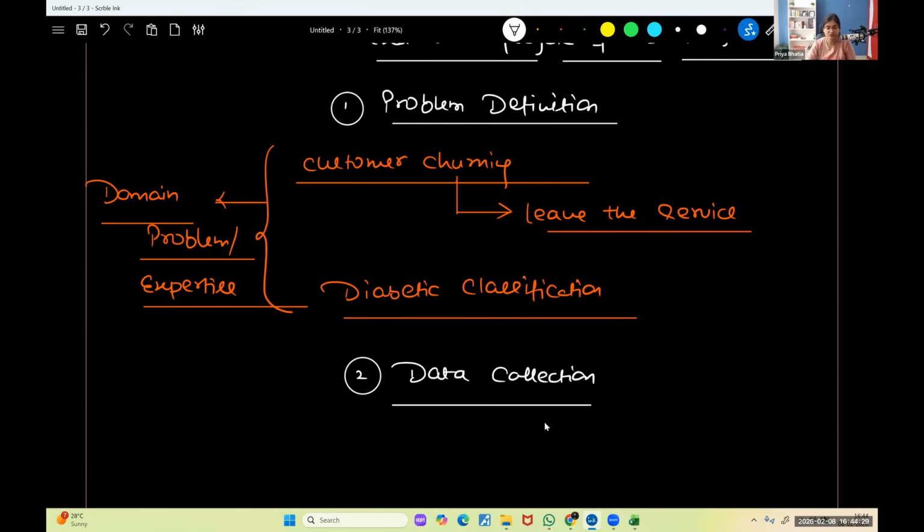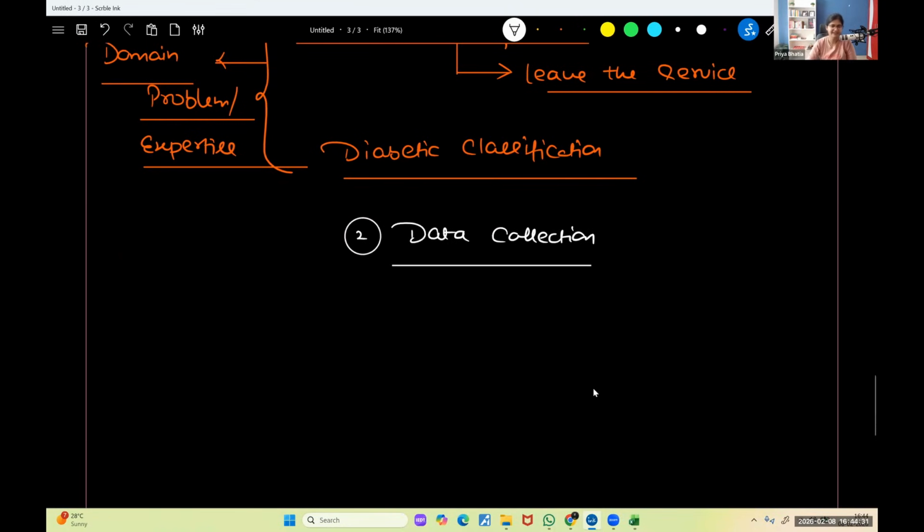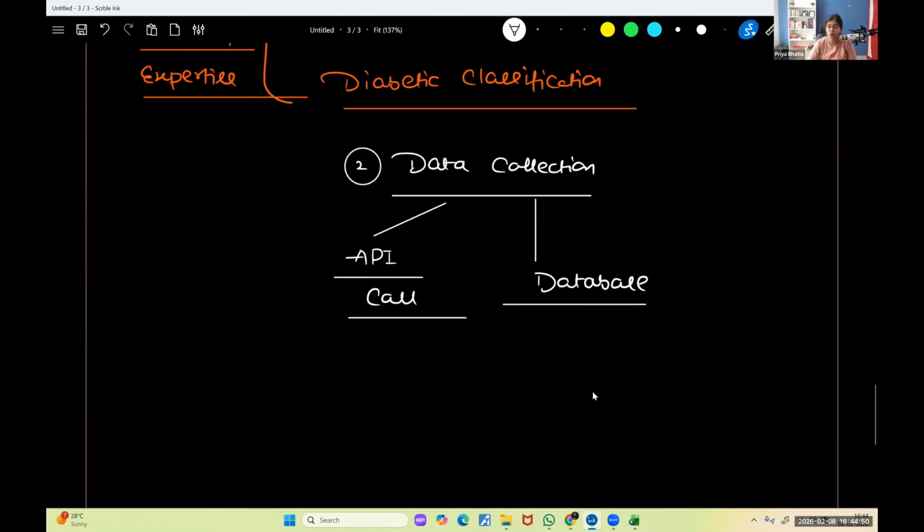Now, this data collection might include various things. For example, maybe there is some API call which you have to do to fetch the data. Maybe your data is available in a database, and you might need to use some SQL scripts to access it.